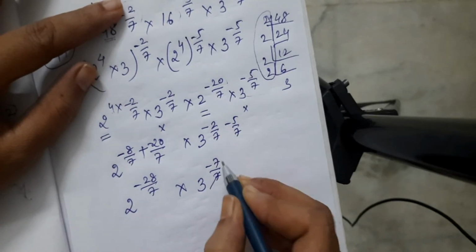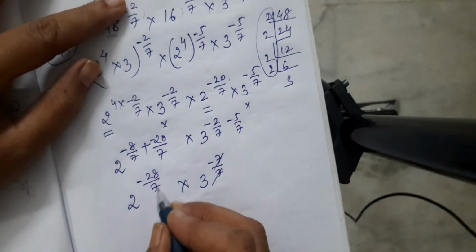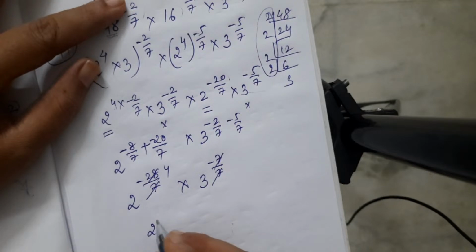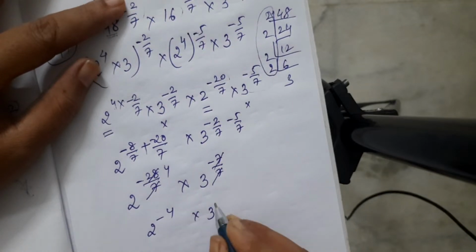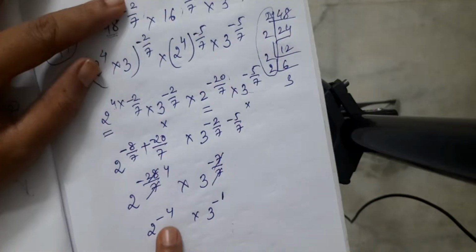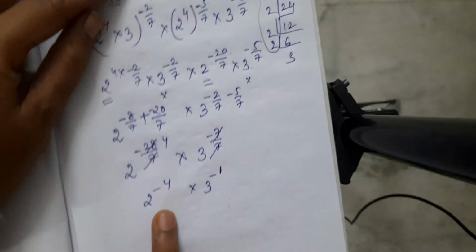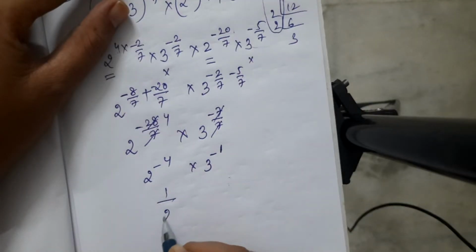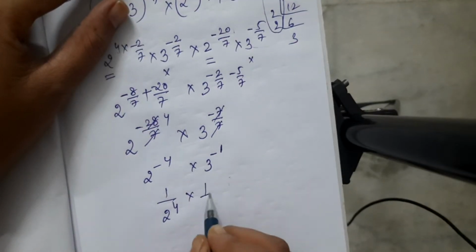Now the numbers will get cancelled like fractions. 7 4s are 28. Now the next step is there. If you recall back, I told you whenever the power is negative, we need to shift the number to the denominator. So it's 1 upon 2 raised to 4, 1 upon 3.